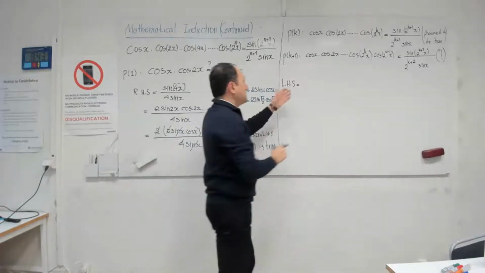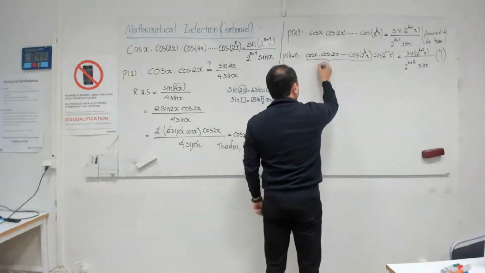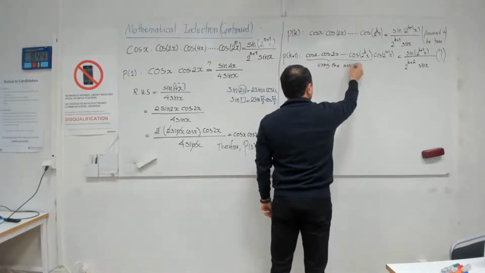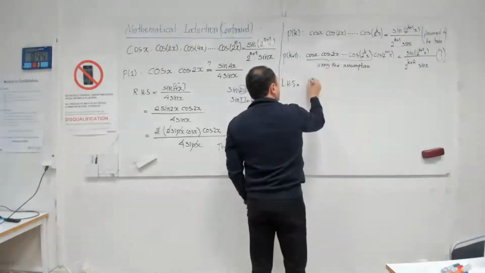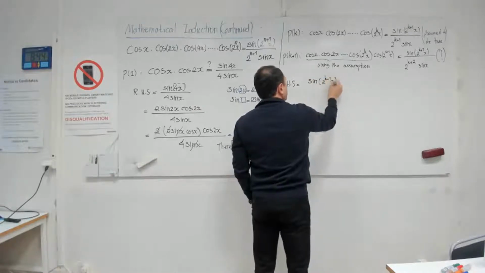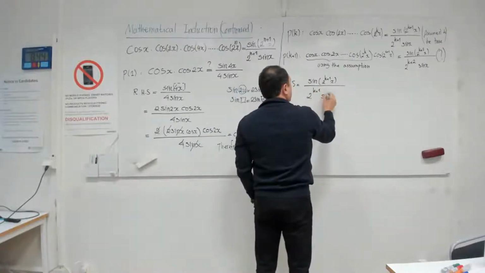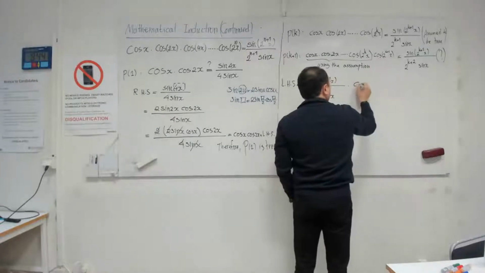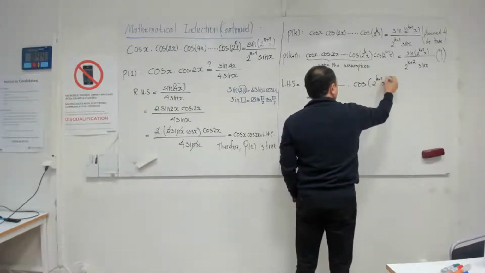Yes? So then it means that instead of this expression, this part using the assumption becomes sine 2 to power k x divided by 2 to power k sine x, multiplied by another factor here, which is cosine 2 to power k x.